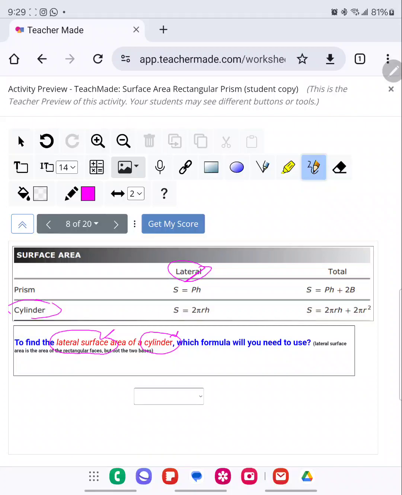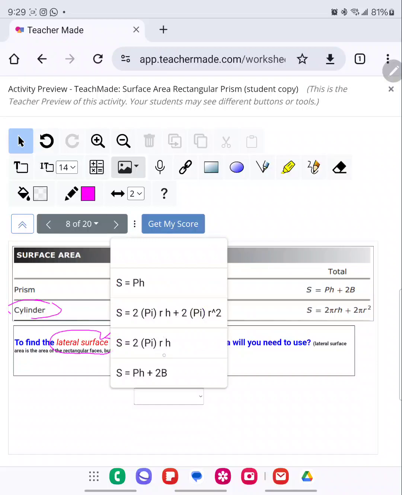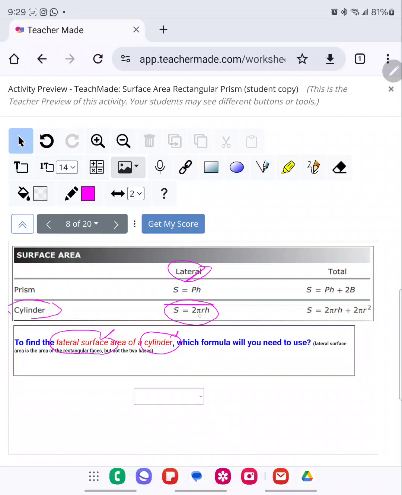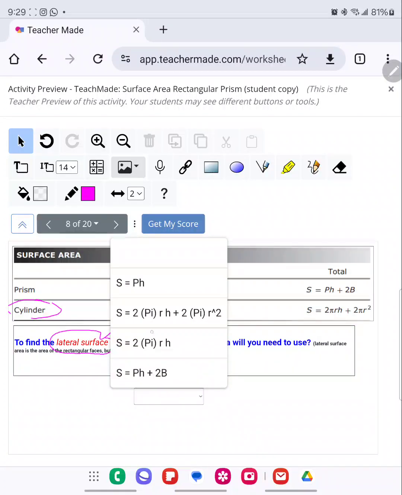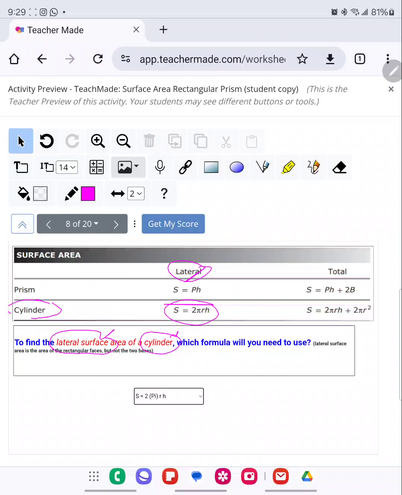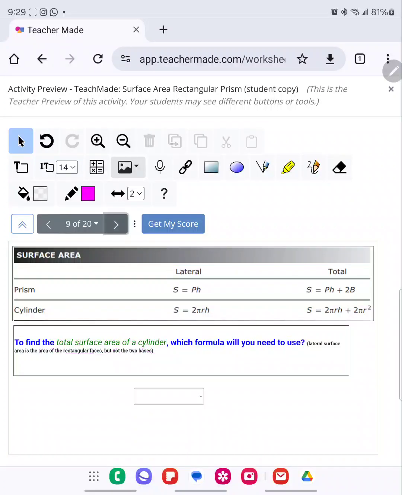So then which formula are you going to use? You should be using this formula right here. So let's go ahead and choose the answer. And it's going to be the third one right here. If you notice, it has a pi next to the 2. And that's going to be this one right there. I couldn't put the symbol. I'm sorry about that. All right, next one.